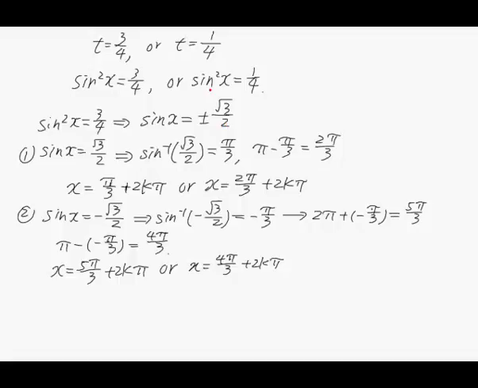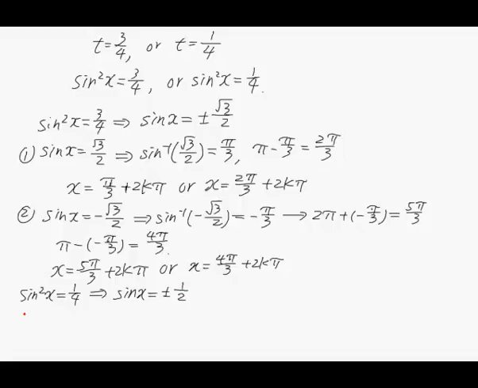Now, for sine squared x equal to 1 over 4, we have another two cases. So let's deal with this. Sine squared x equal to 1 over 4. And then from here we have sine x equal to plus minus 1/2.